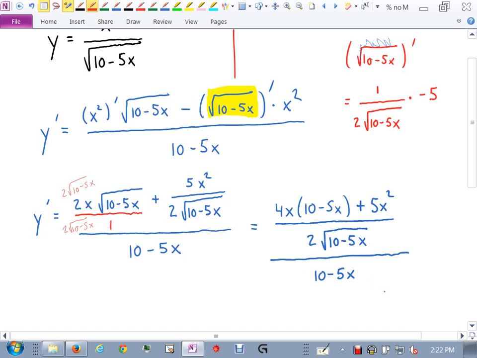And now I want you to look at that as being over 1, because that's like a complex fraction, fraction over fraction. We can distribute the 4x through, clean it up. We can also reciprocate this and bring it up like this. So this 10 minus 5x will be sitting next to this right here.